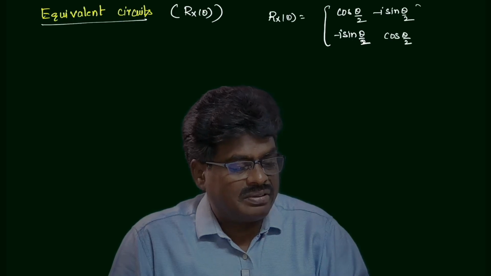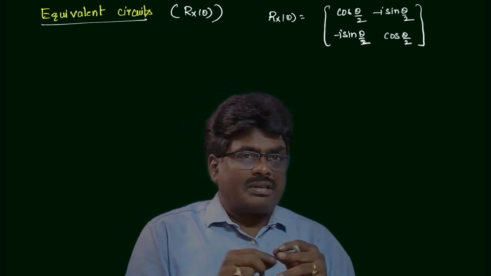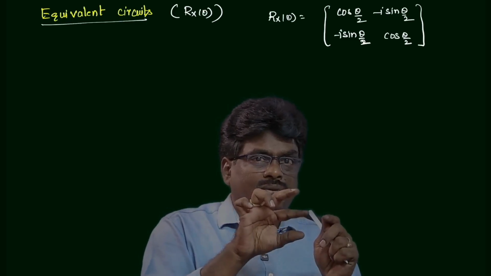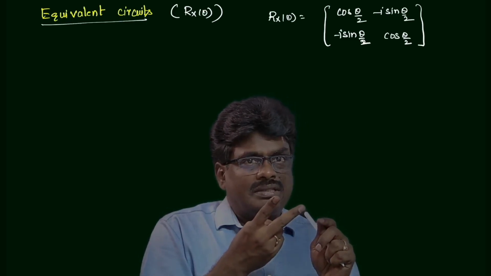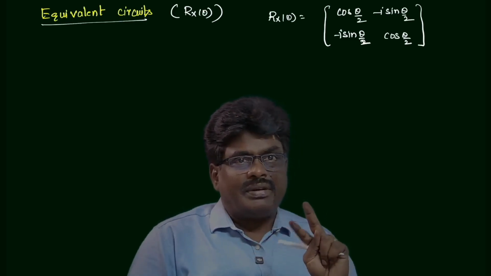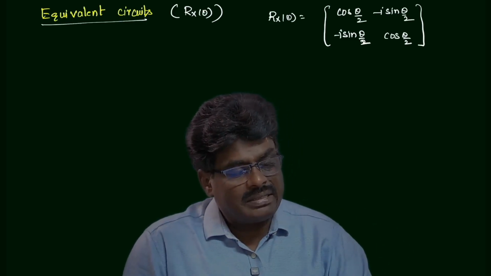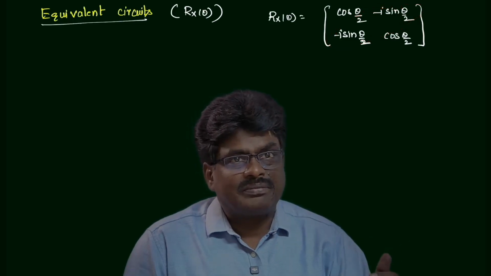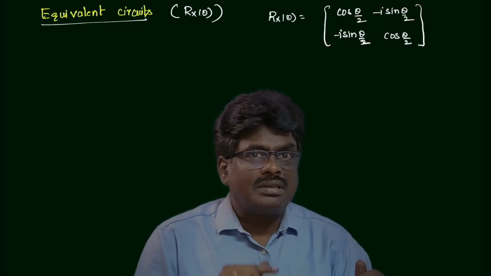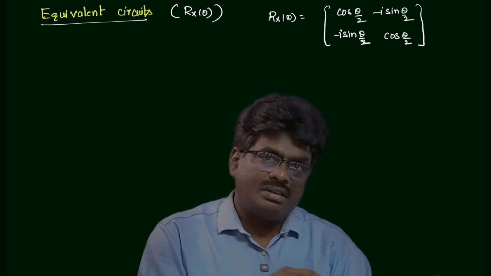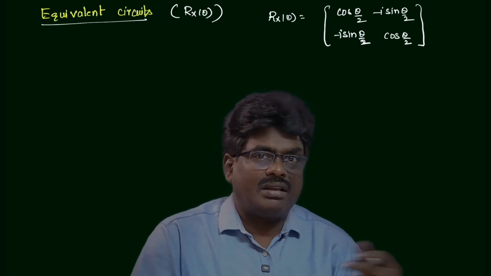Just observe carefully. Just now I explained that if you interchange the first diagonal elements, no change, and if you interchange the second diagonal elements, no change. So that means x Rx x equals Rx only.